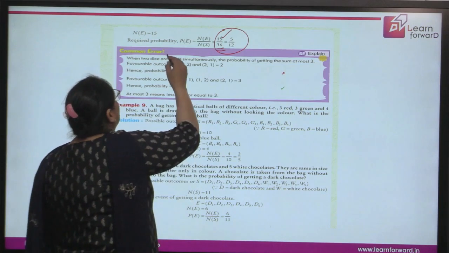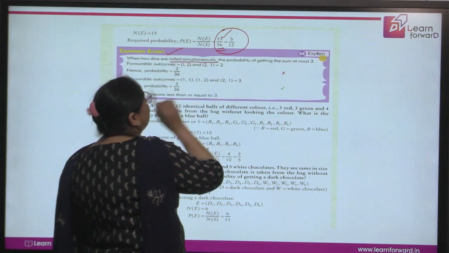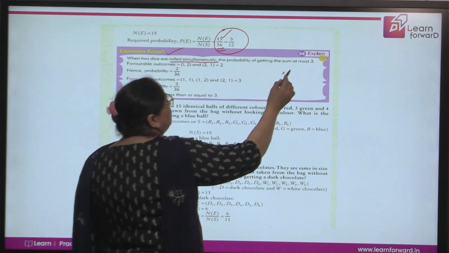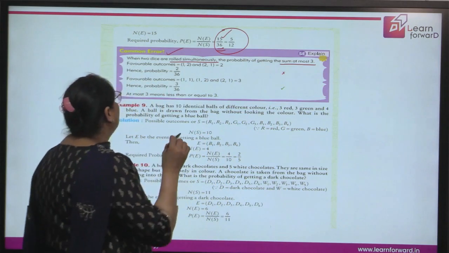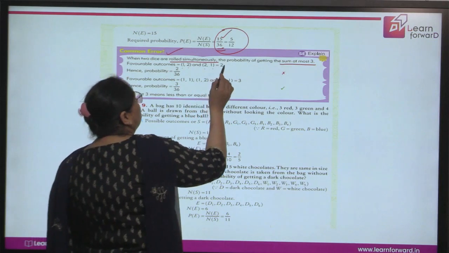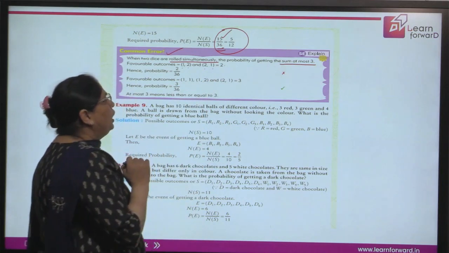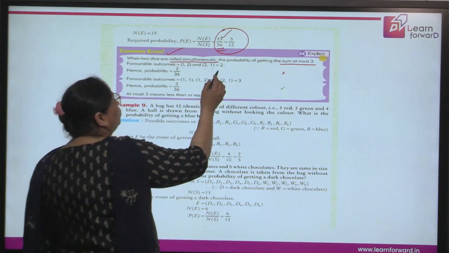A common error: when a dice is rolled simultaneously, find the probability that the sum is at most 3. At most 3, the favorable outcomes are 1 2 and 2 1, so it is 2.